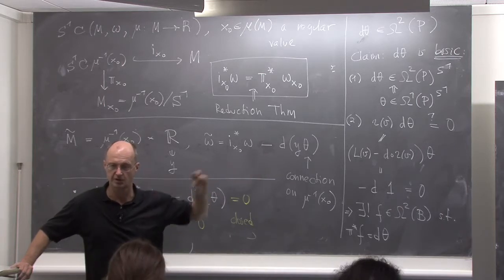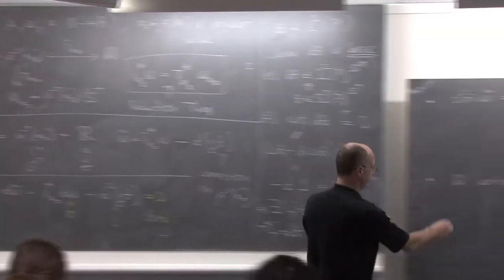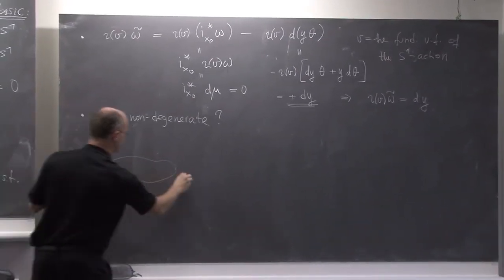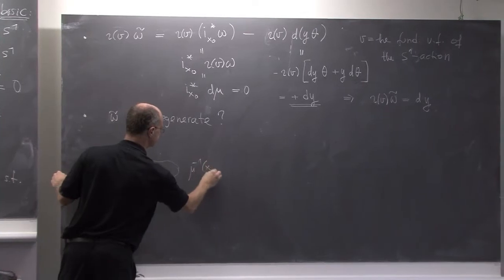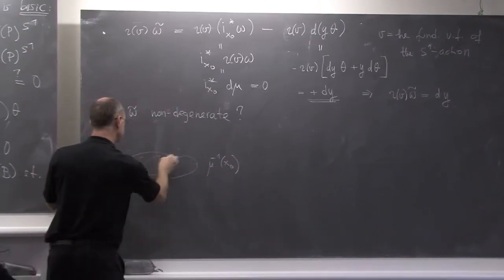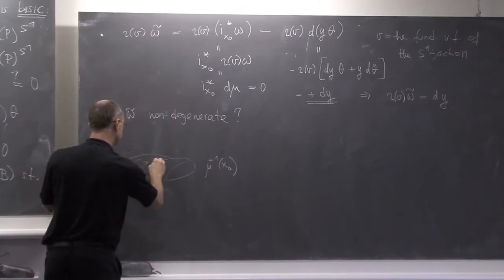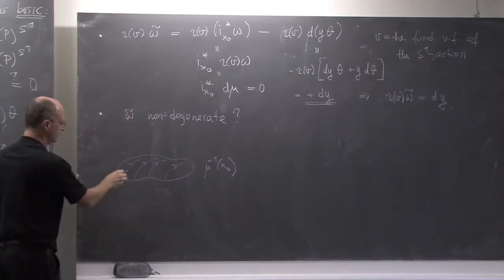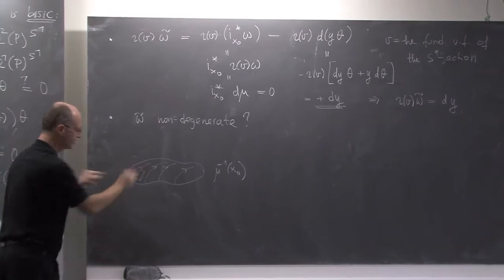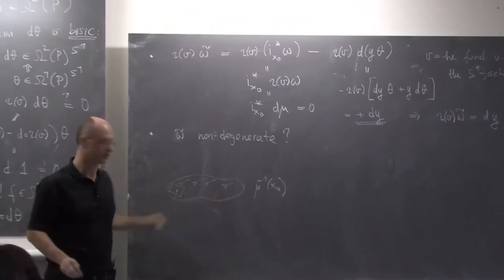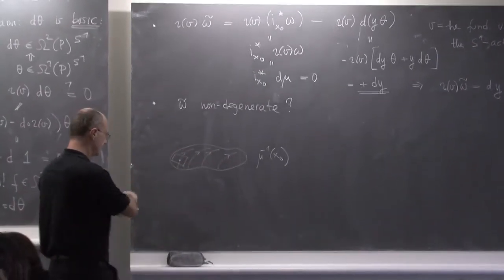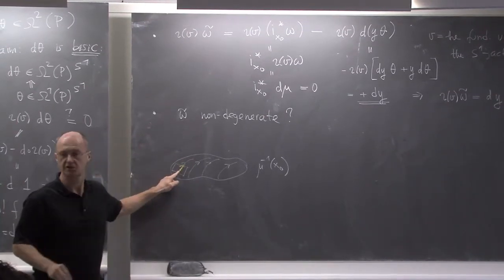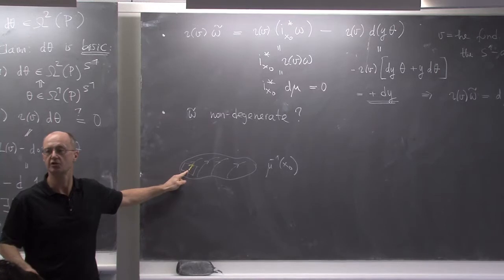So we have the level set. And so here is the tangent space. That's the S1 action acting on the level set. And so the tangent to the S1 action is in the kernel.